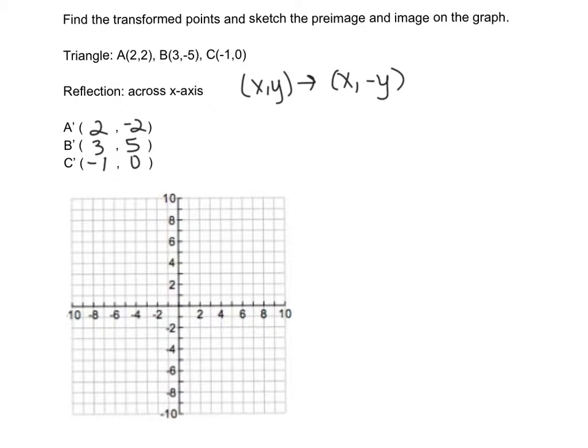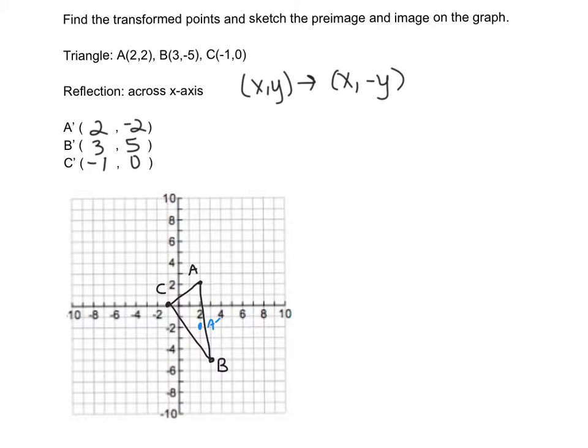The point A is at 2, 2. Point B is at 3, -5. And point C is at -1, 0. Our new image, the point A prime is at 2, -2.